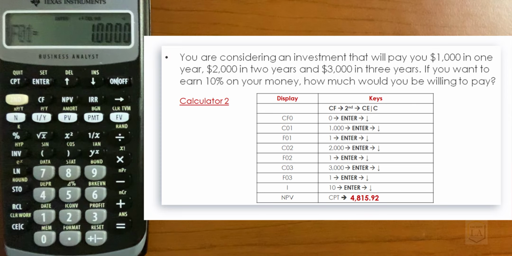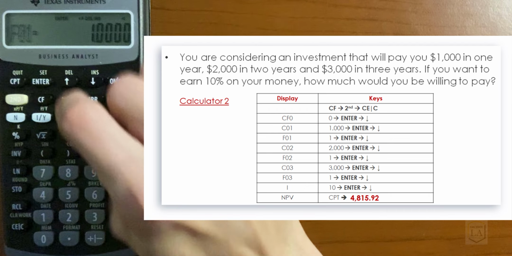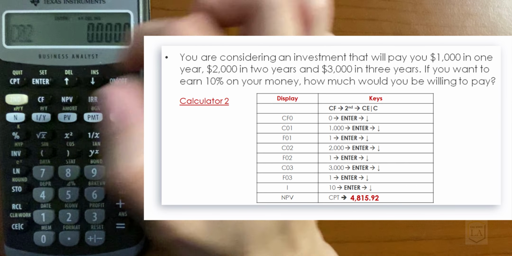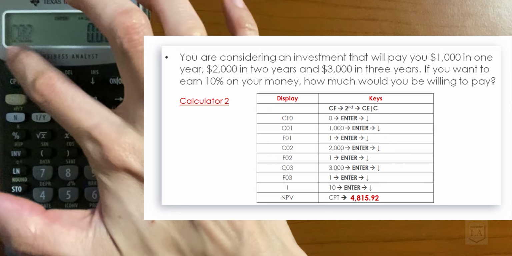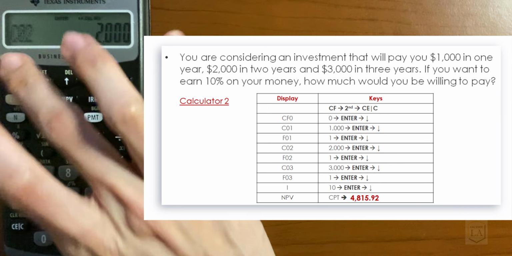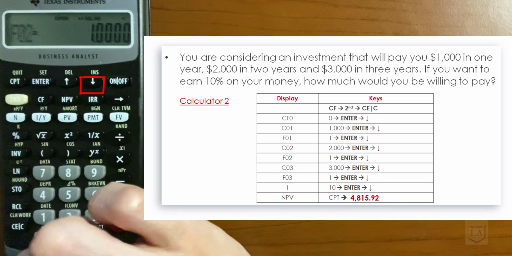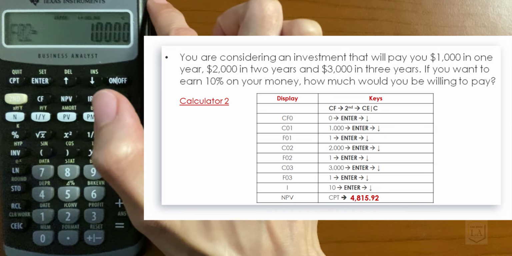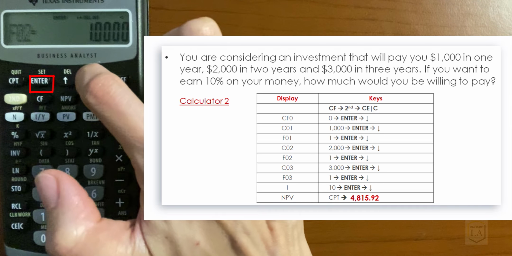And then F01 is 1. It's just going to be default, so you don't even have to enter, but let's just have it this way. Then down arrow. C02 should be 2,000. Enter, down arrow. F02 is supposed to be 1, so you just enter, down arrow.